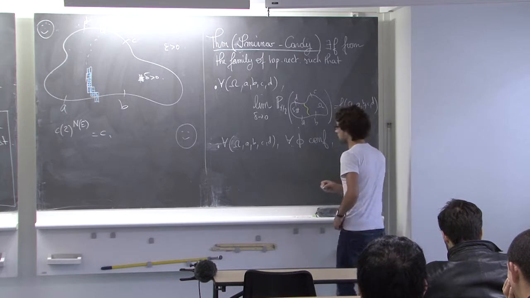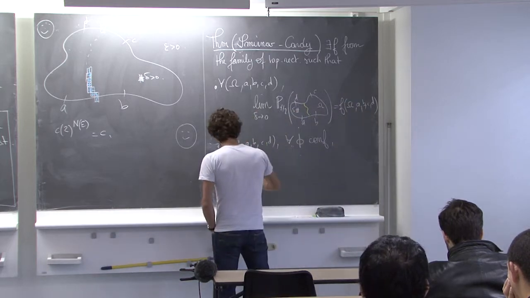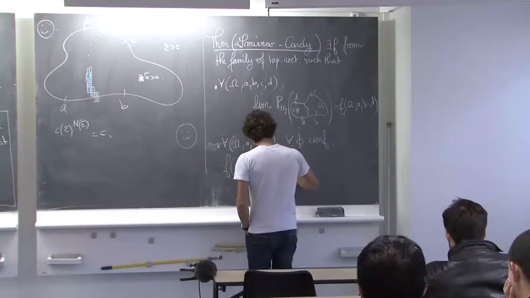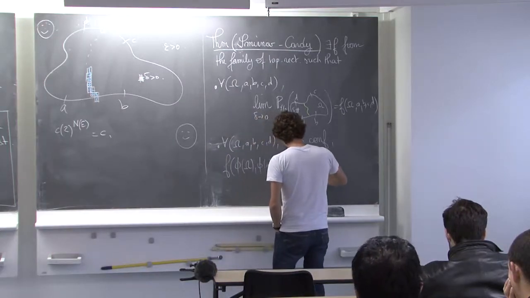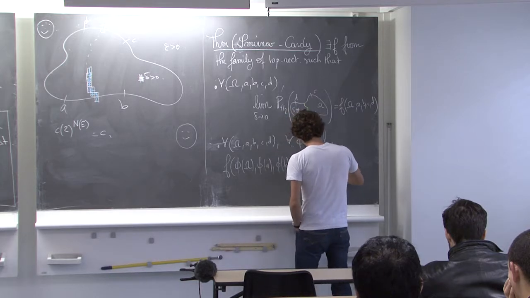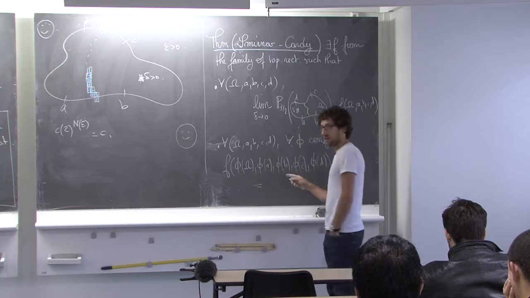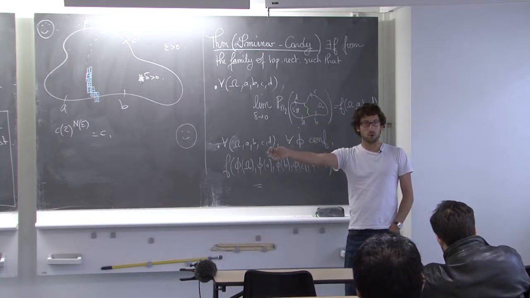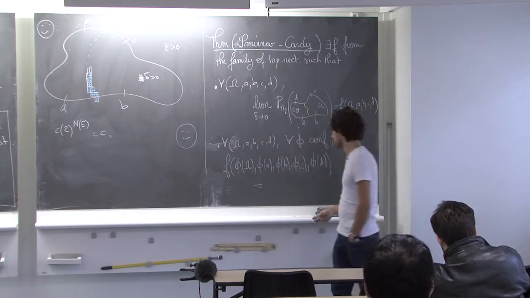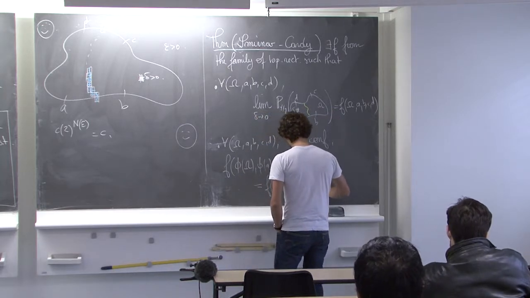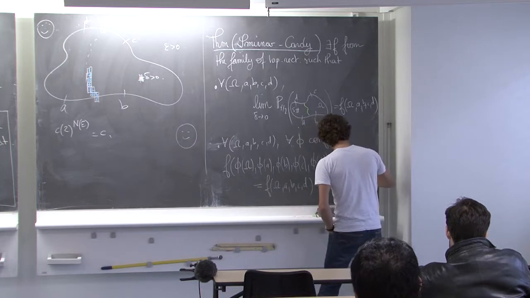For any conformal map, f evaluated on the image by this conformal map, phi of omega, phi of A, phi of B, phi of C, phi of D, is in fact just f of omega, A, B, C, and D. So this is called conformal invariance.